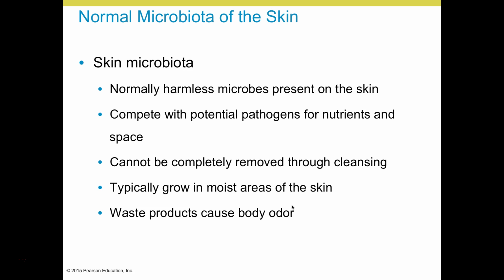Okay, the skin microbiota. What is important here is that your normal microbiota will compete with potential pathogens, and that's what makes it very difficult for the pathogens to actually enter into your skin or below your skin.